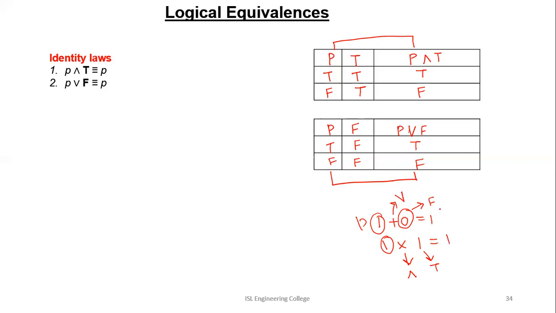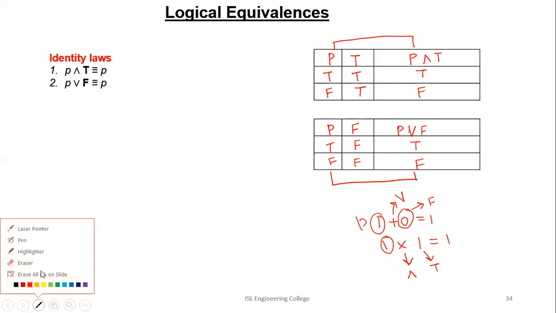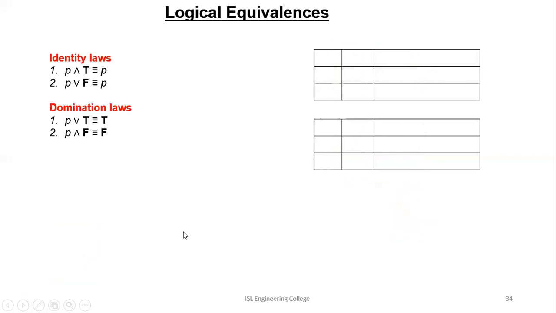Now the next law is the domination law. The domination law is P, T, P or T. So P is true, false, true, true. Now you have to OR it. Once you OR it, you will get true and true. Both of them are similar, which means this is equivalent to true, which is the same thing given over here. Similarly, you can prove the other one.